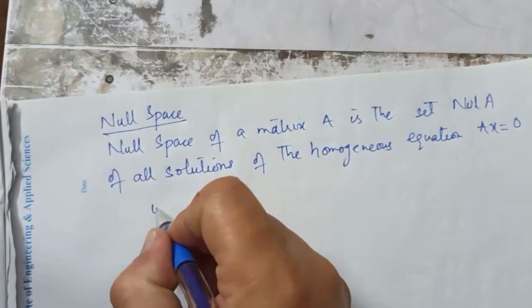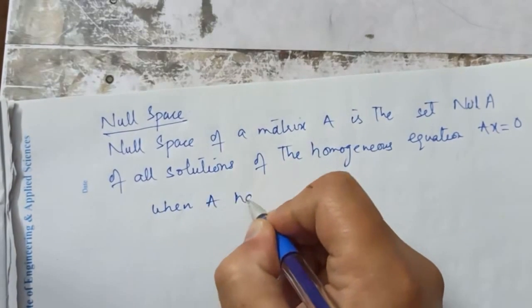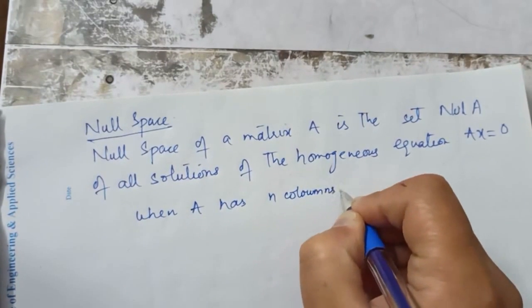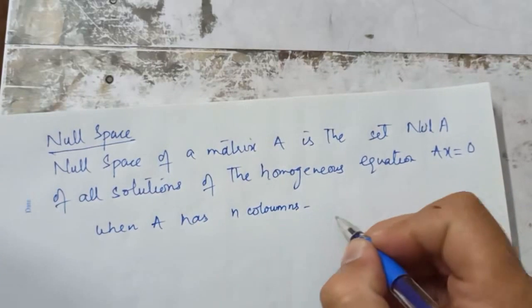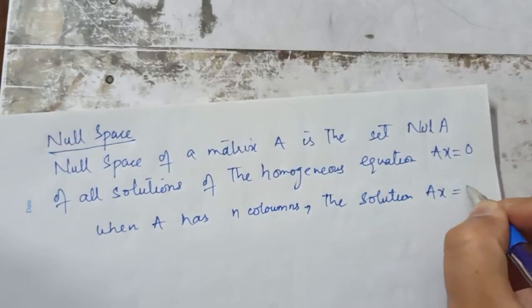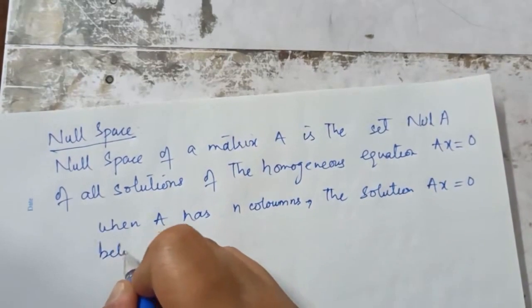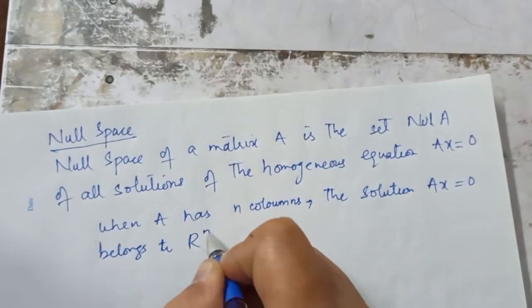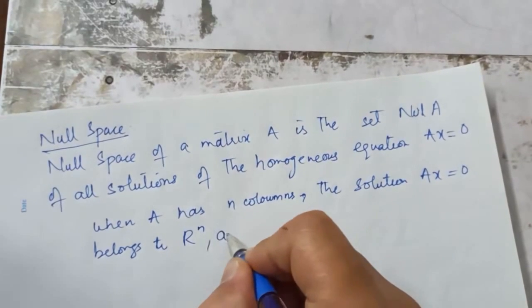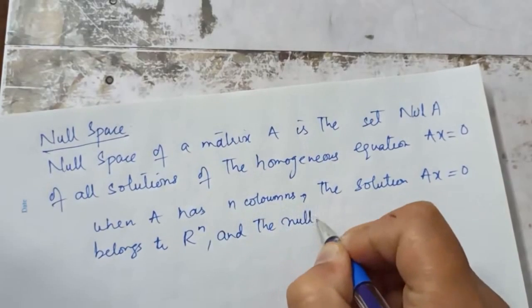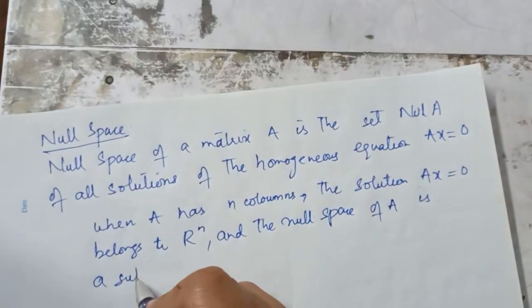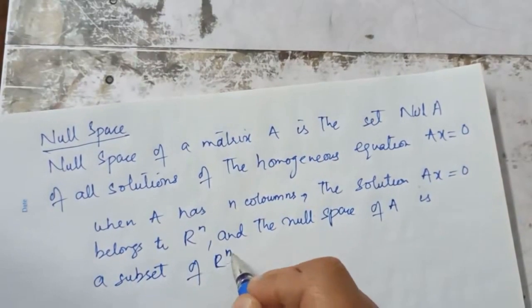So when A has, let's say, n columns, the solutions of AX equals 0 belong to Rn. The null space of A is a subset of Rn.